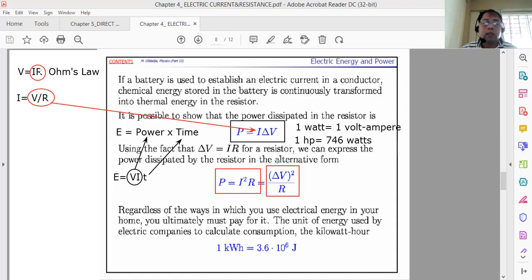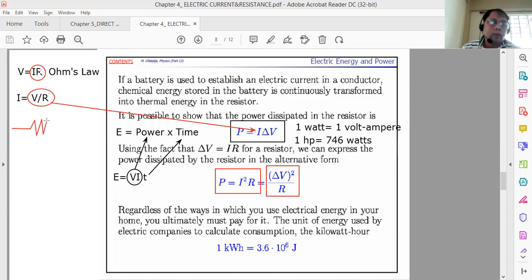So this is our power that is in our given resistor. Now if you remember, we added another device called a resistor, and they look like this. This resistor is different from the resistance in the wiring, in a sense that this is an actual device.